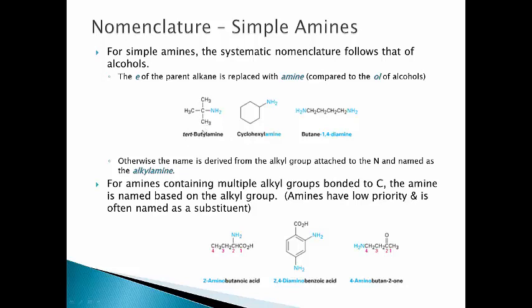That's got a little bit of common nomenclature out the front, but we have that amine here. So cyclohexyl amine, so we've got a cyclohexyl ring and we've got an amine. Here we've got 1, 2, 3, 4, so it's butane-1,4-diamine.